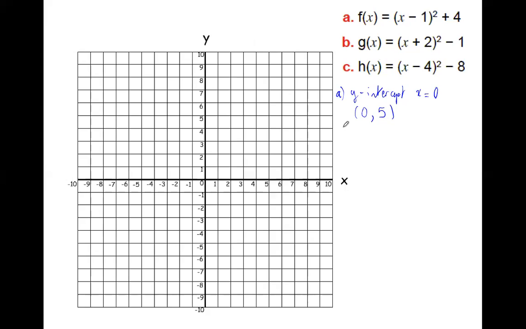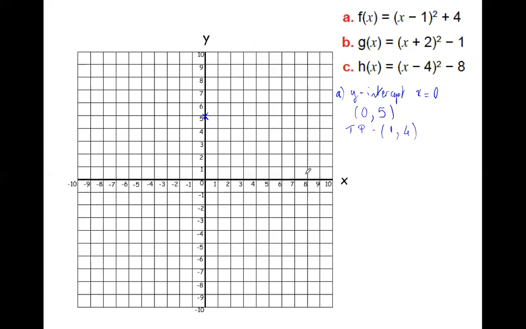The second one to look for is what we call the turning points. And we said the turning points happen when x minus 1 equals 0, so x equals 1, and the point is just 4. So if I plot these points, (0, 5) is going to be my first point.